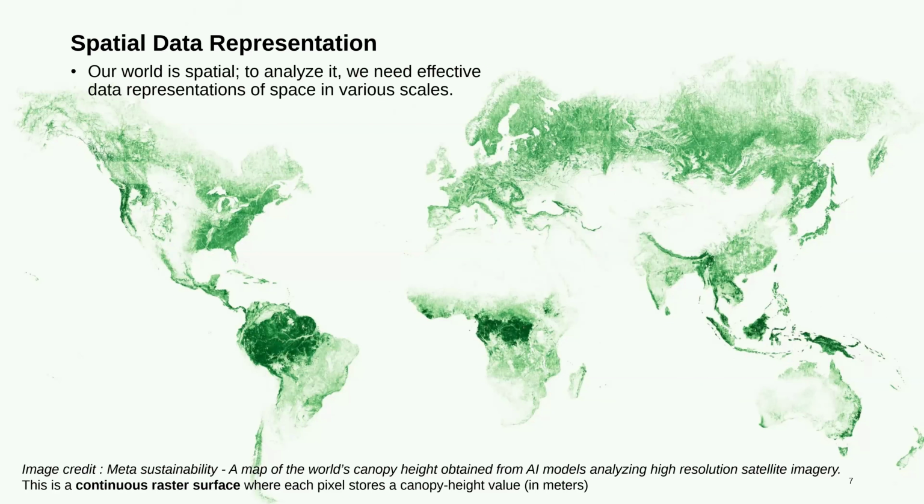This is a map of the height of the tree canopies all over the world, produced by Meta Sustainability, taking satellite images and running one of the most powerful image encoders on top of them to get this information, with some other processing.